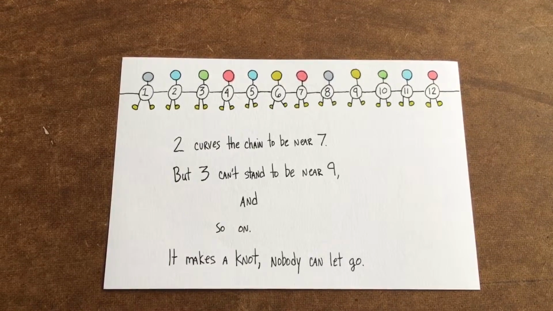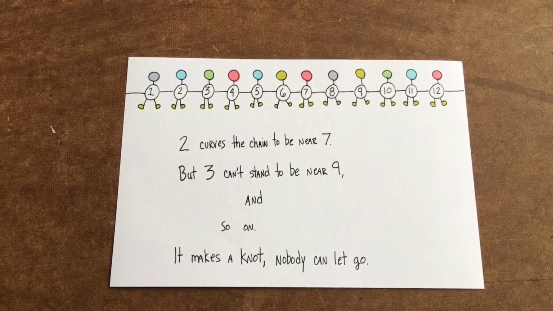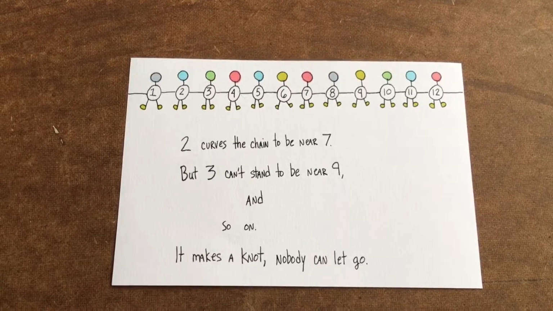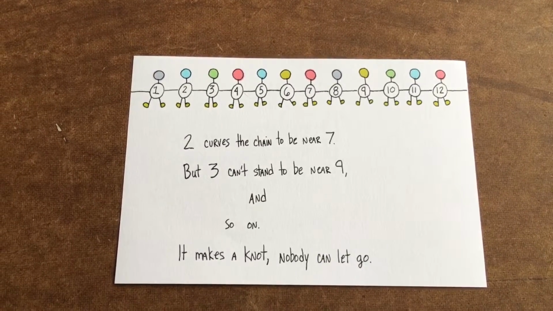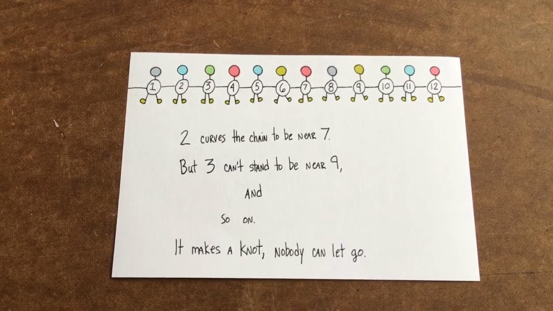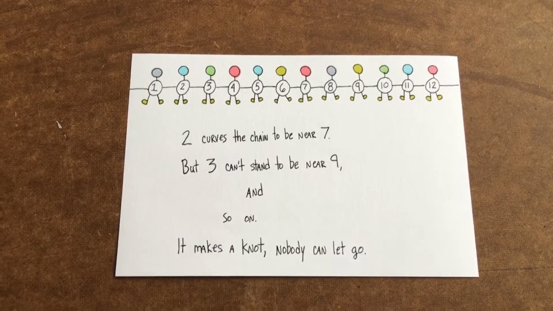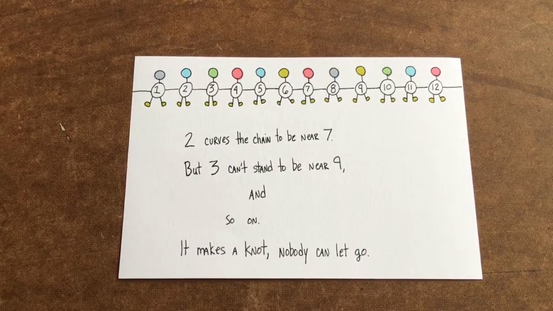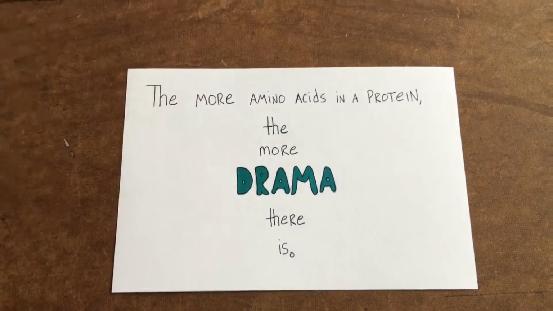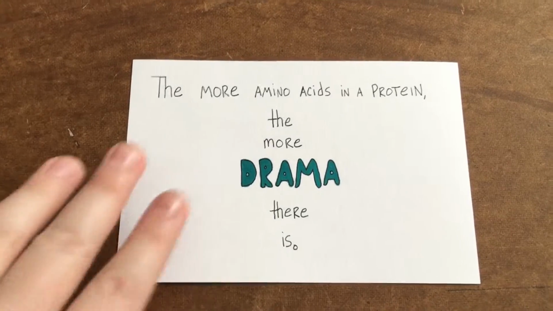So say number 2 curves the chain because it wants to hang out with number 7, and it can't let go and just walk over there. So it makes a big curve in the chain and gets near 7. But 3 hates to be next to 9. It doesn't want to be, so it curves the chain away from there. And it keeps going until you've got this great big knot. And there are a lot of compromises made. So again, the more amino acids in a protein, the more drama there is.